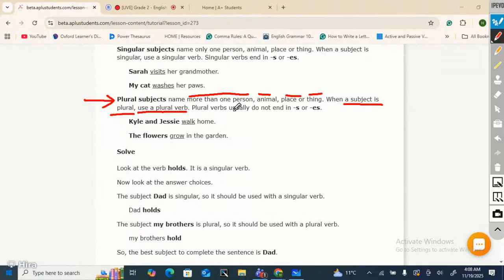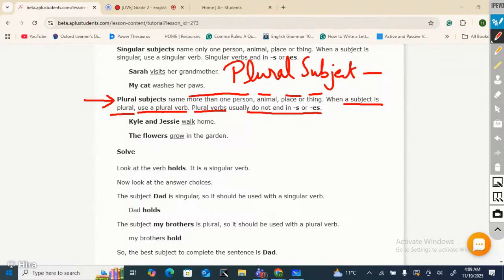Plural verbs usually do not end in s or es. Now we know plural subject means plural verb. If the subject is plural, use a plural verb. And a plural verb does not end in s or es.